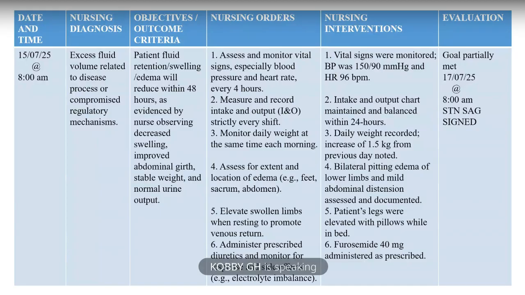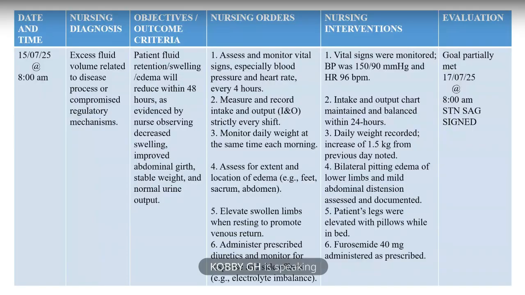Let's say within 20 minutes, as evidenced by nurse observing patients eating 70 to 80% of meals served, and patient verbalizing that his appetite has improved. Okay, that's how you write it. Please listen again. You write risk for imbalanced nutrition in bracket less than body requirements related to disease process.